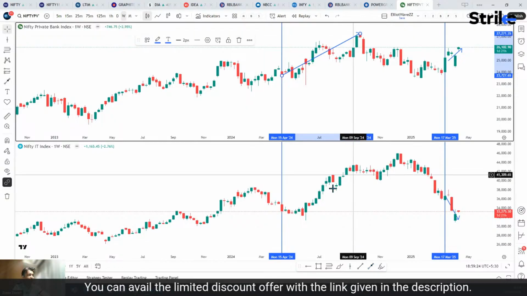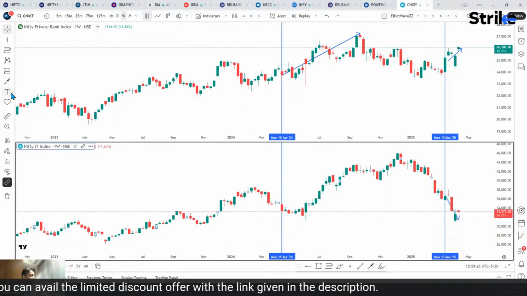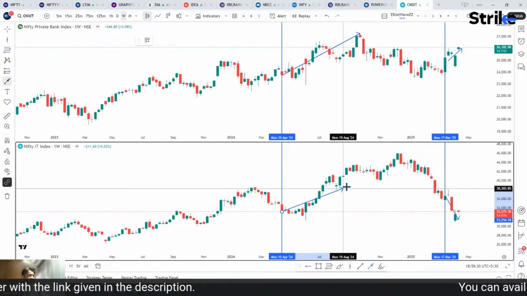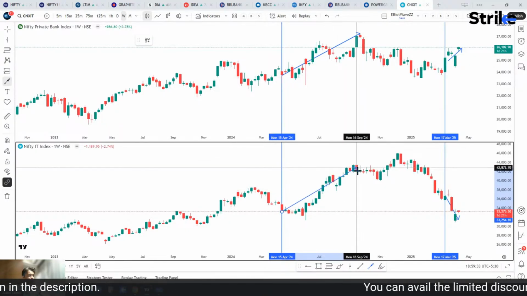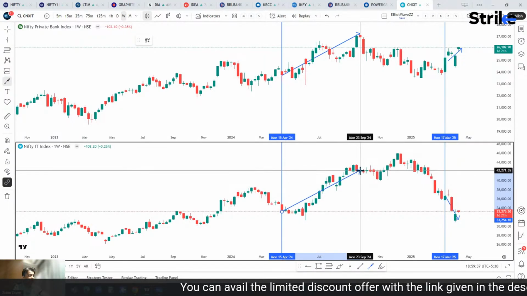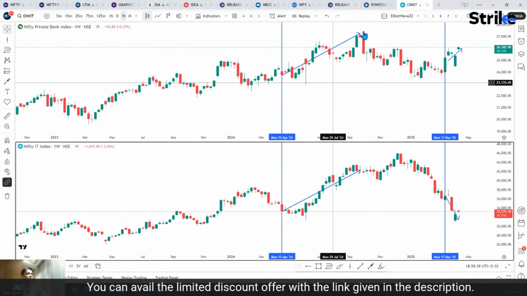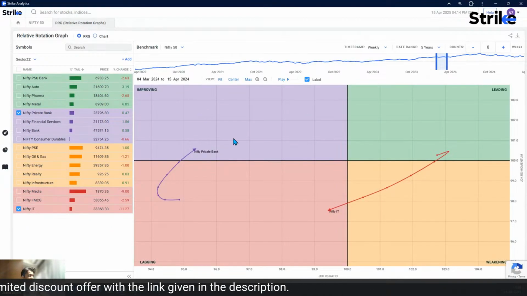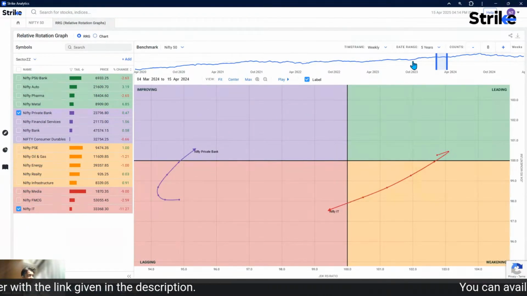And what has happened to the IT index? The IT index in that period has also gone up over here. Since private bank was still an underperformer in this period, it did not go up much.